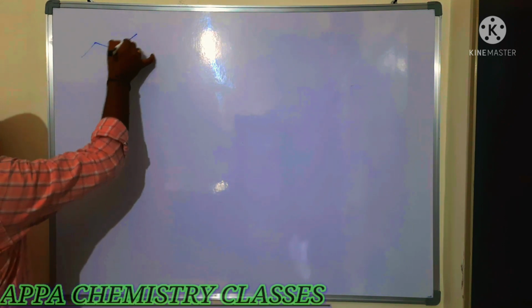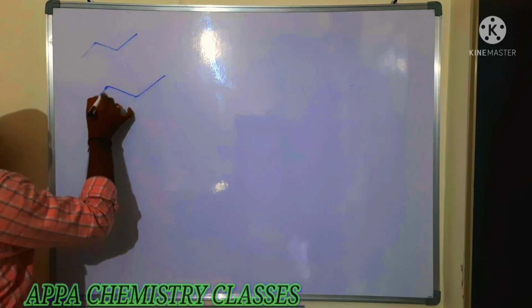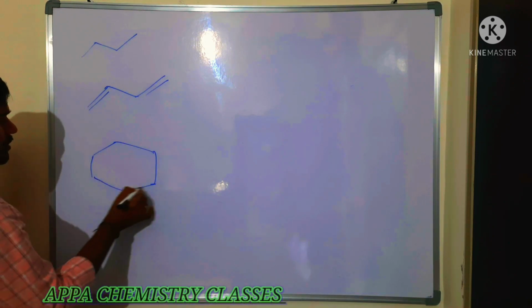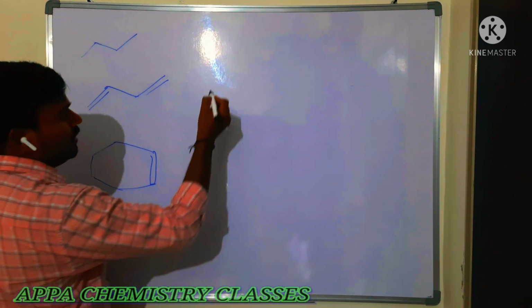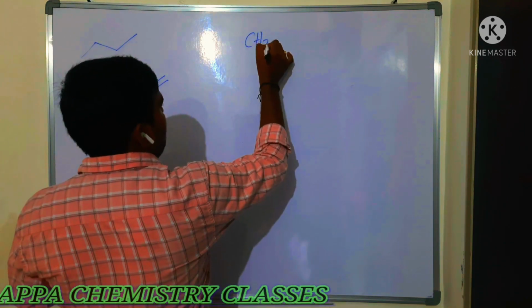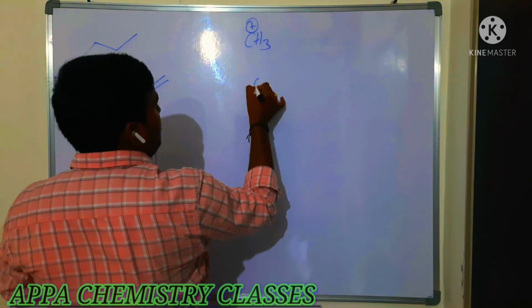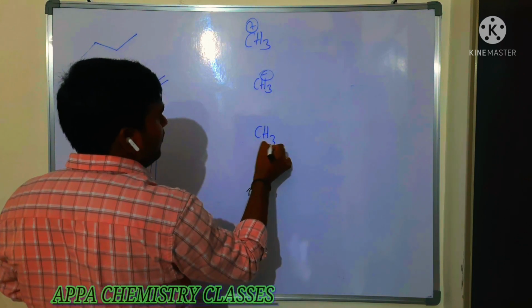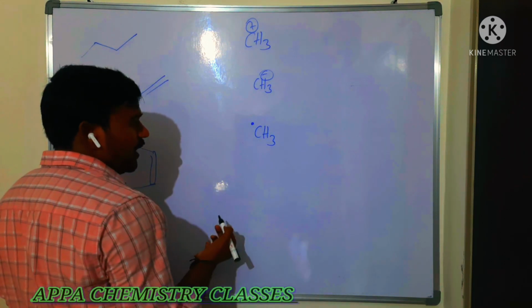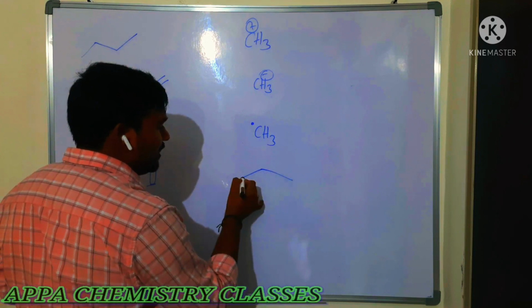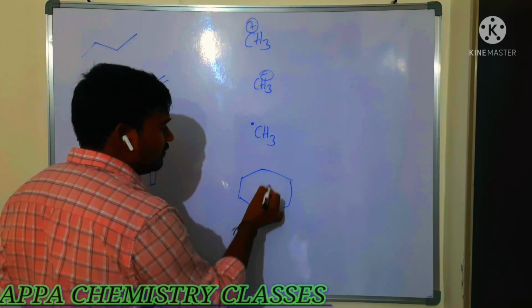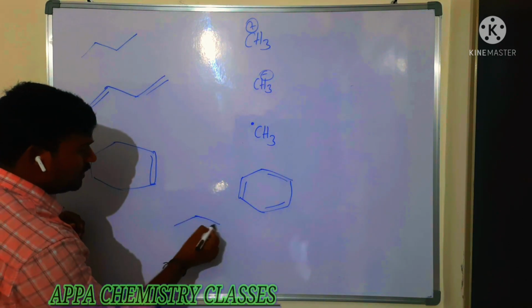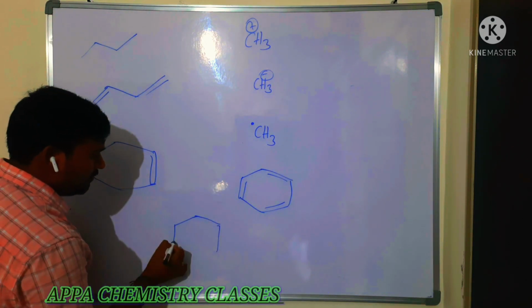Now I will write butane, 1,3-butadiene, cyclohexene, CH3 plus, CH3 minus, CH3 radical. Next I am going to take benzene, and then cyclopentene.